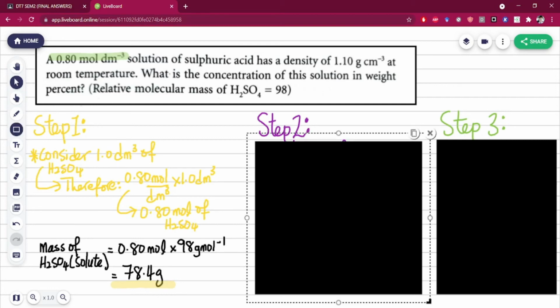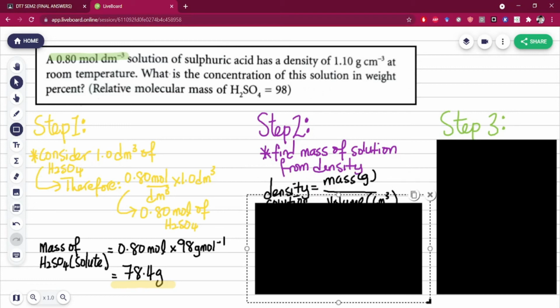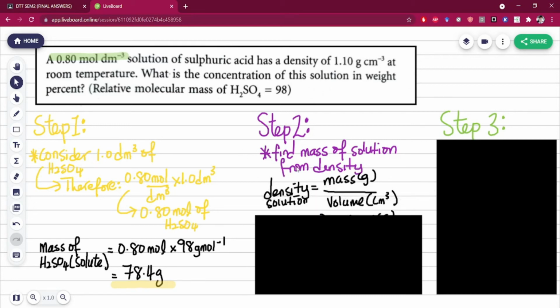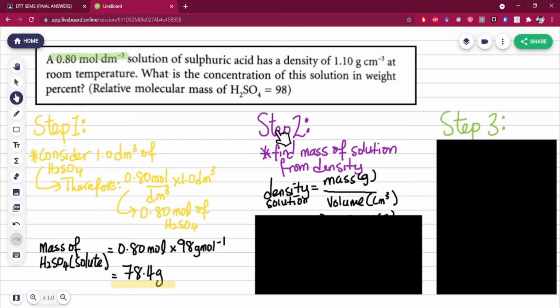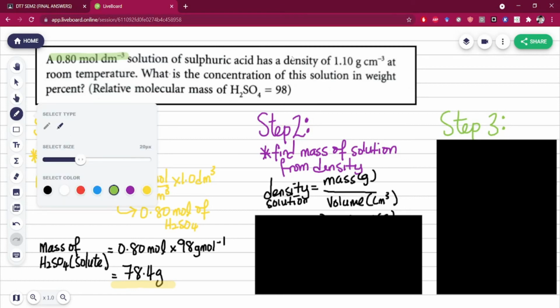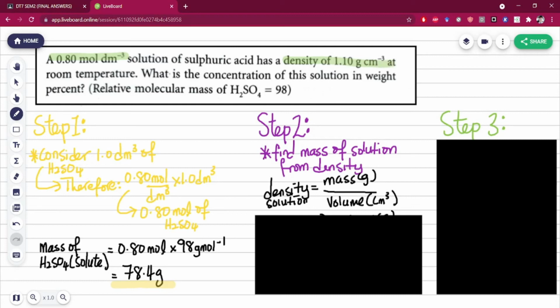Moving on to step 2, what we need to do is find the mass of solution. In step 1, we have worked out the mass of your solute, and in step 2, we're going to find the mass of your solution from the density. The density is given to you: 1.10 gram per centimeter cubed.